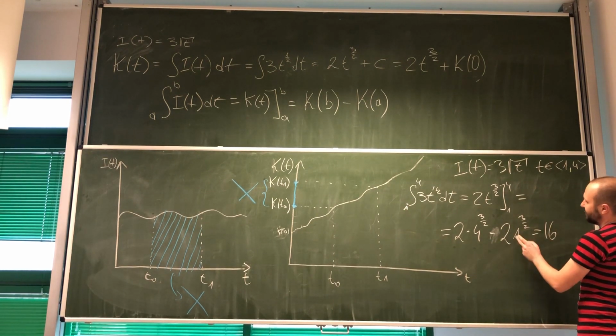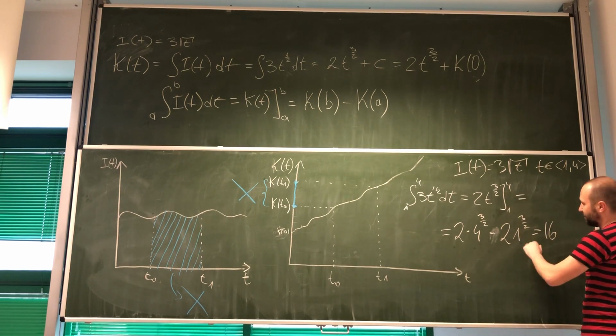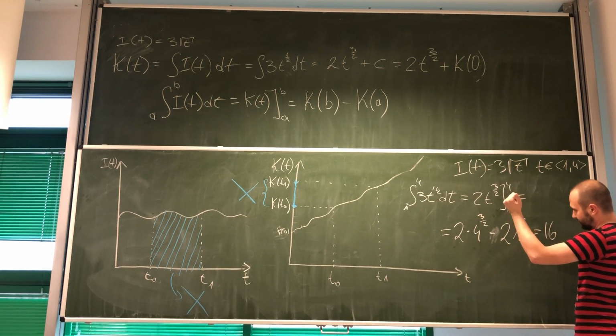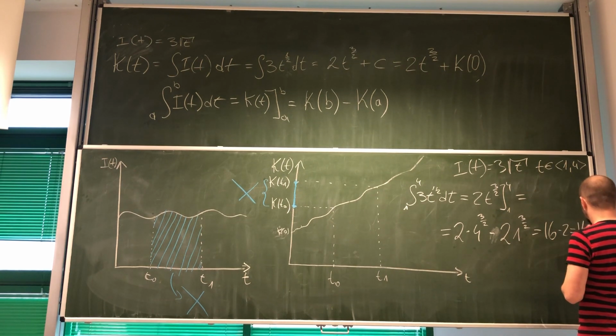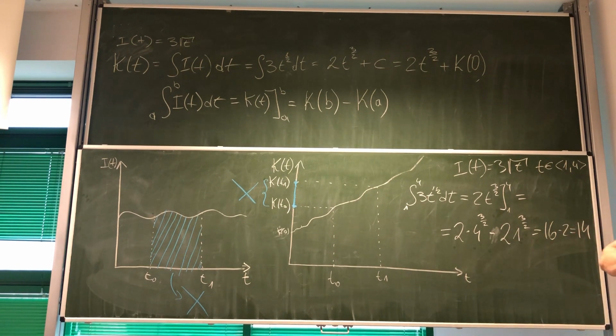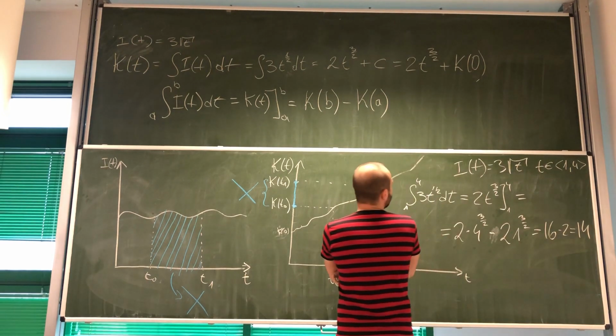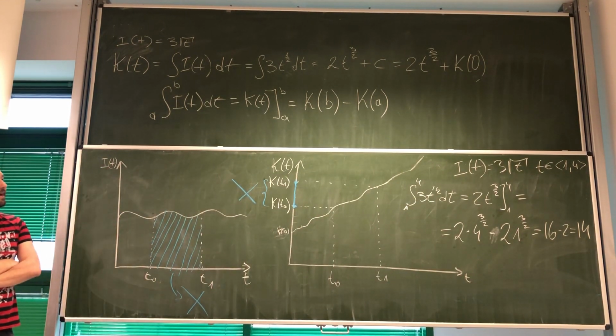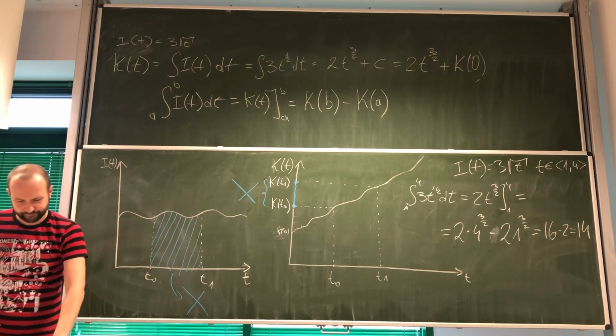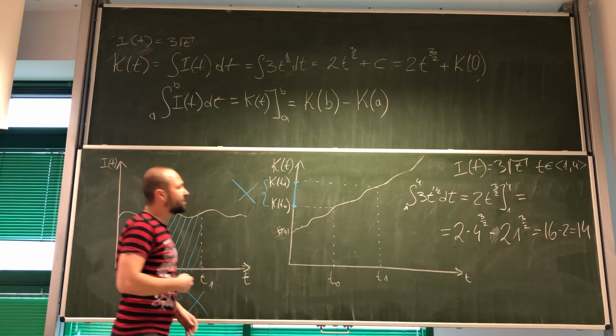And of course, 1 to any imaginable power is 1, times 2, it's 2. So we get that over the period of 3 years, we've accumulated 14 units of capital.